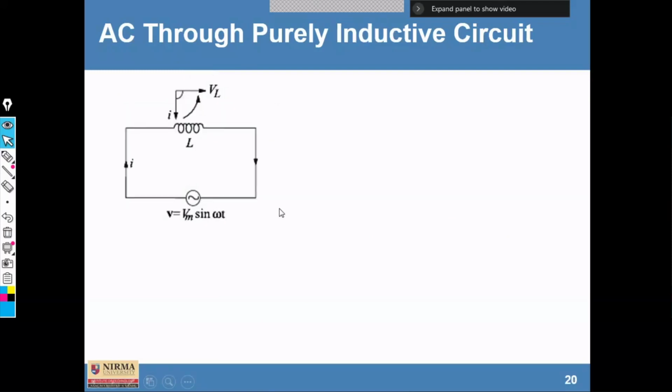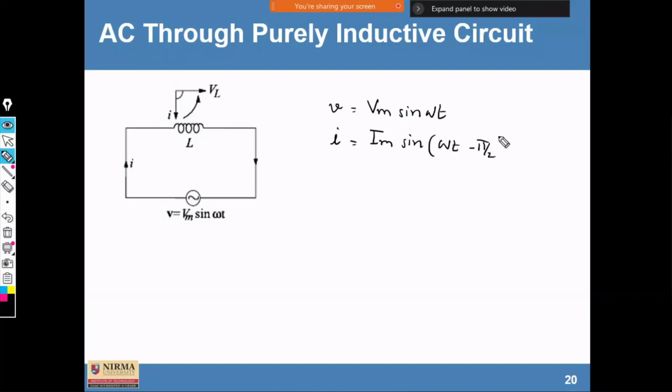Similarly, we have discussed AC through a purely inductive circuit. In that case, we had an equation of source voltage, that is Vm sin omega t, and then we derived the equation of current i is Im sin omega t minus pi by 2, that is Im sin omega t minus 90.